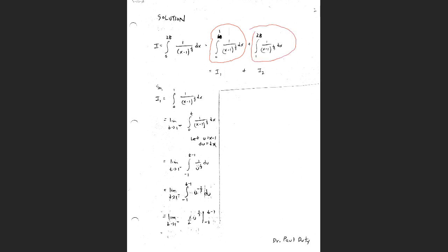So the entire integral with limits 0 to 28 is equal to the sum of these two integrals. Okay, absolutely true.